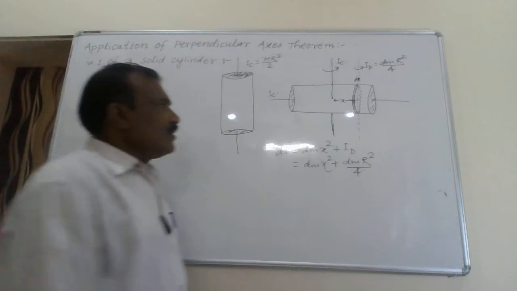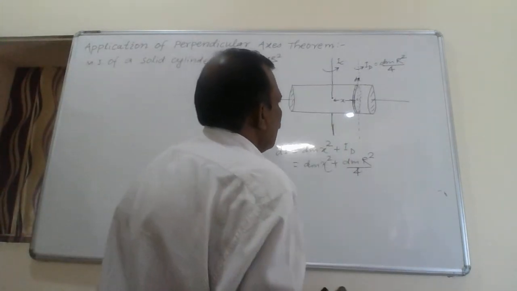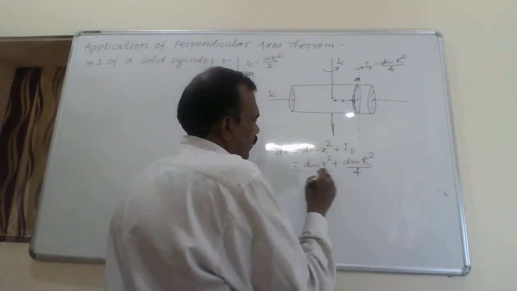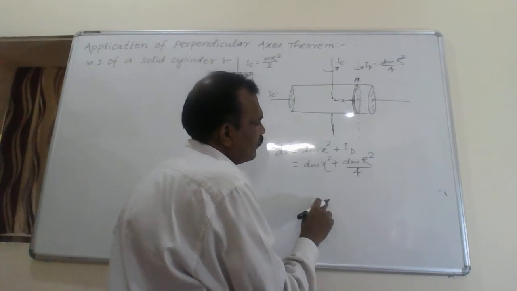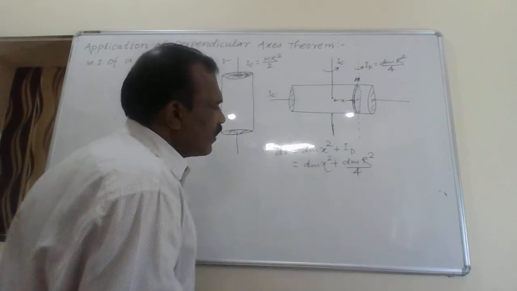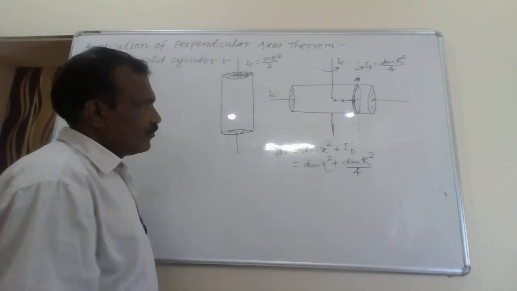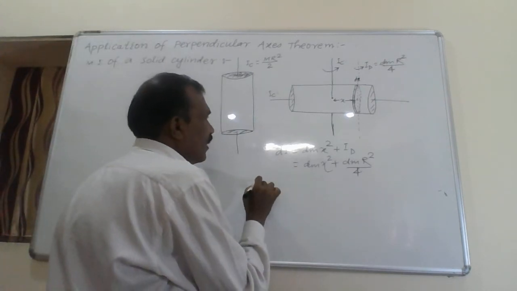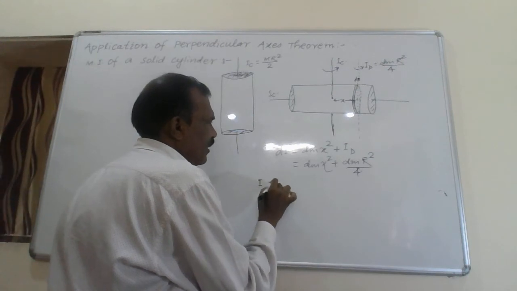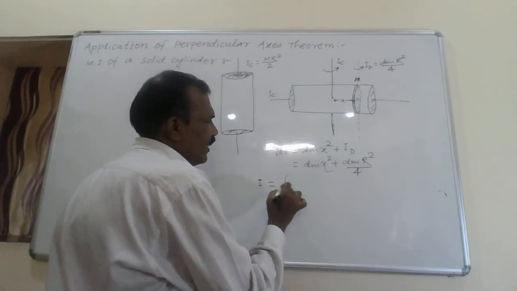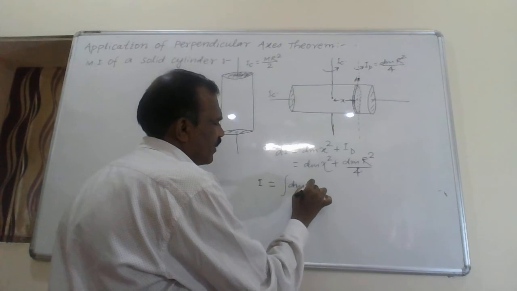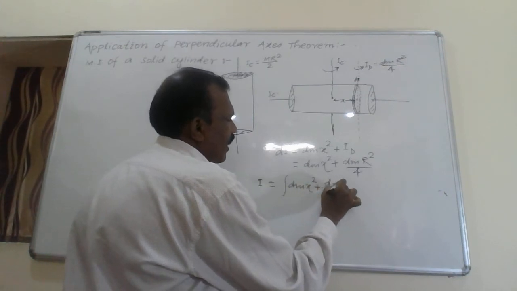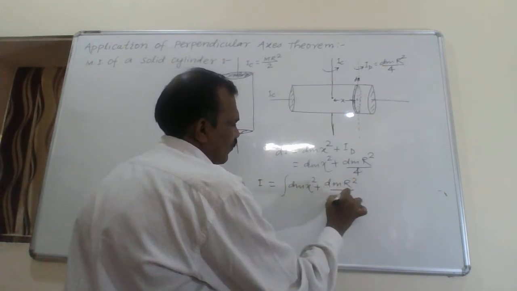Now integrating this term, we have here the required I. So I can be written as equal to integration of dm x square plus dm r square by 4.